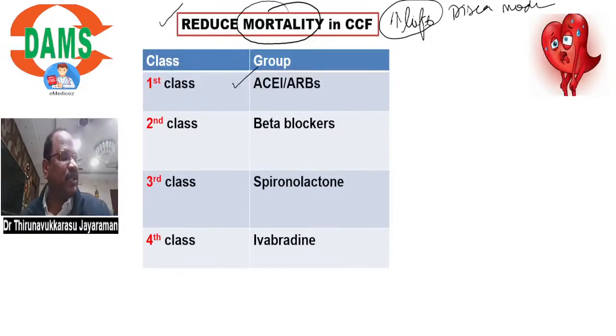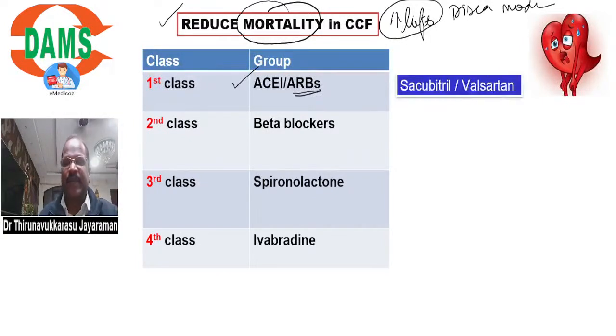At this junction, can somebody answer? Name any one ARB available as a fixed dose combination with sacubitril. For example, we have the combination of valsartan.